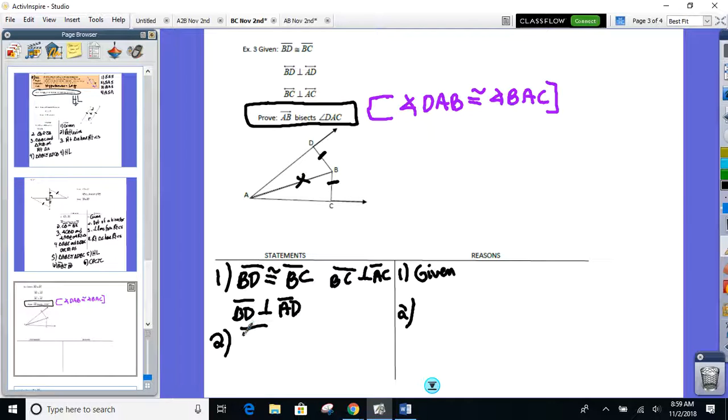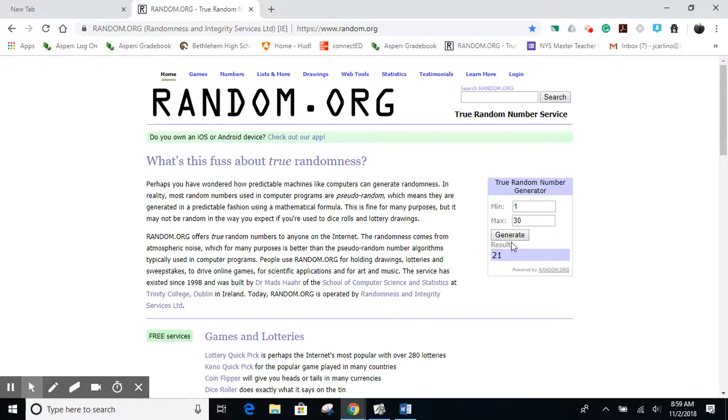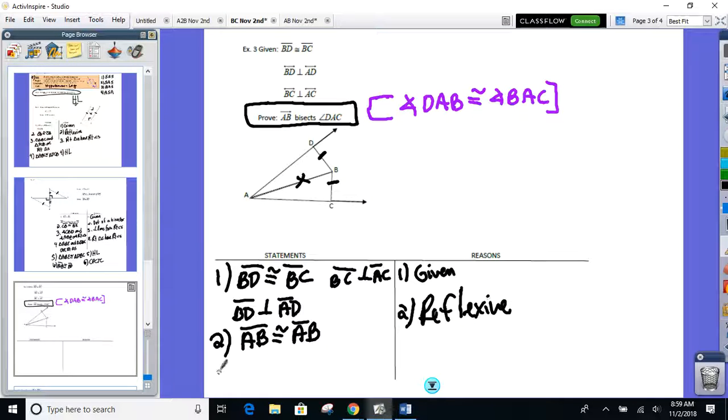Easy way out. All right, next up. 21, what do you got for me? ADB and BCA are right angles. They are.